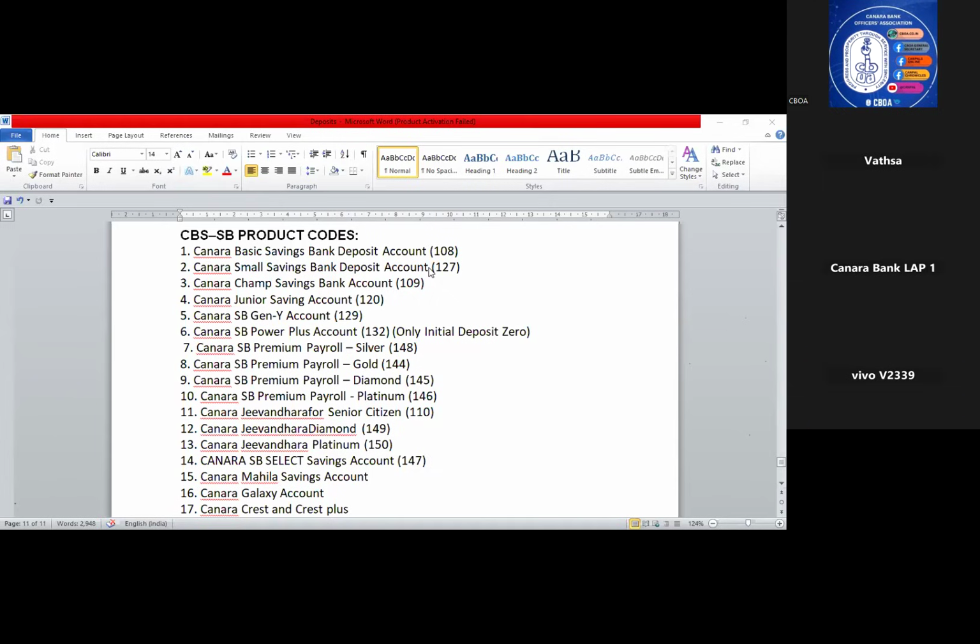That is 127. Canara Champ Savings Bank account 109. This is for children of less than 10 years, operated by the guardian. The guardian will be operating the account. I told you we will be opening the account, and checkbook cannot be given. They have to come to the branch. Maximum 25,000 they can withdraw. Sweep in sweep out facility of 25,000 is also given.